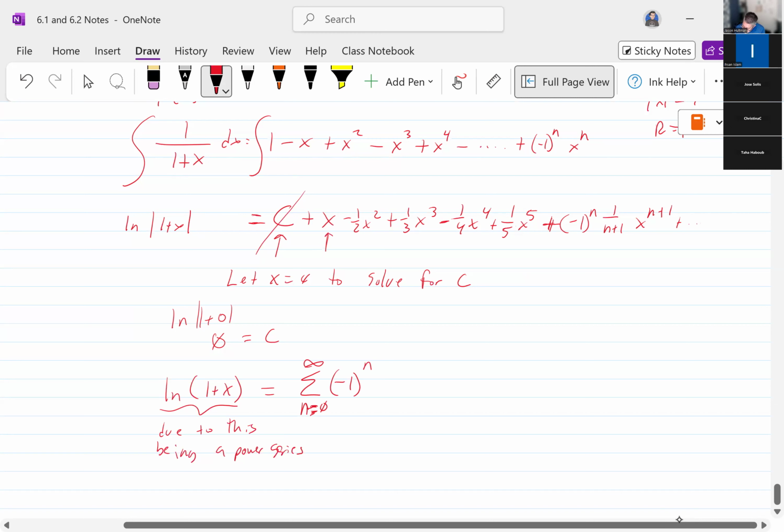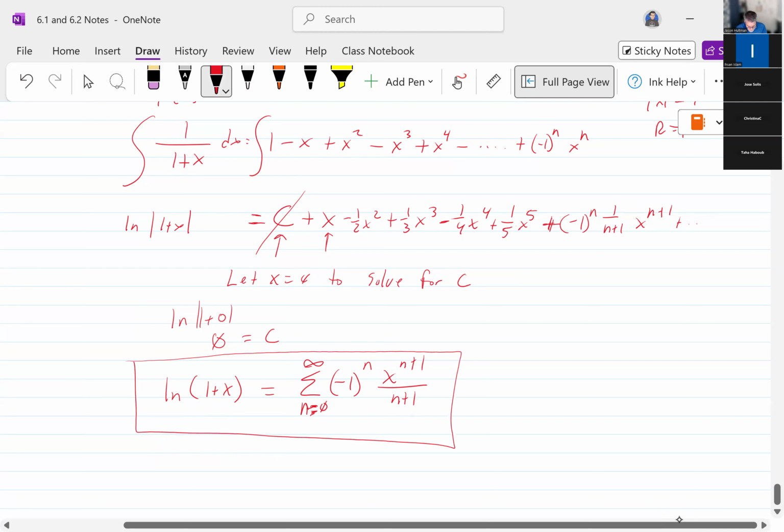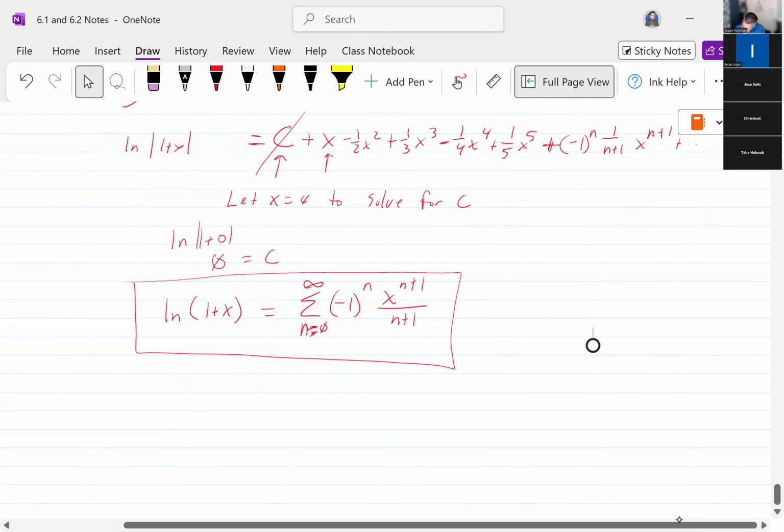Yes, that works. And then this is going to be x to the n plus 1 all over n plus 1. Yes, this does work. And so this will give me every term that I'm looking for, with the radius of convergence of 1. This is going to be r is equal to 1.